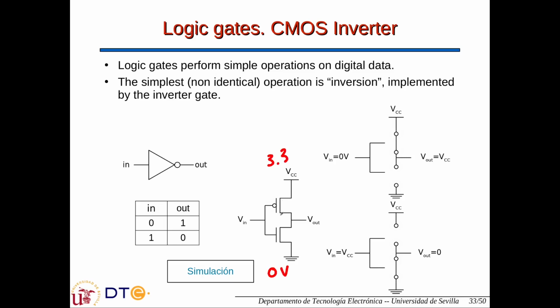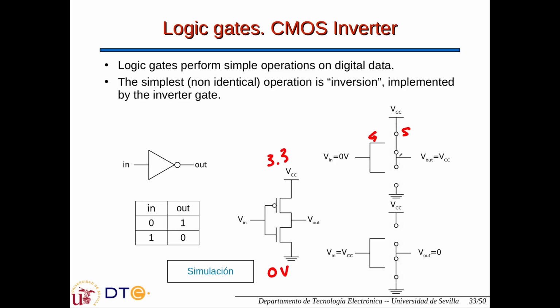And if we analyze this circuit, when the input is 0 volts, what we have is that from the gate of this transistor to the source, we have 0 volts. So this transistor is open. It does not conduct electricity. But for this transistor, the gate is at 0 volts, so the voltage from the gate to the source is negative.